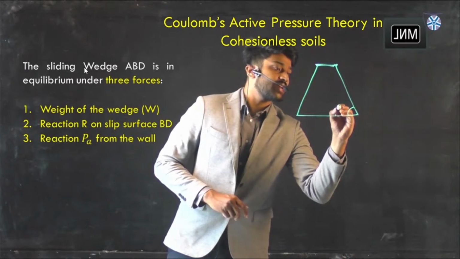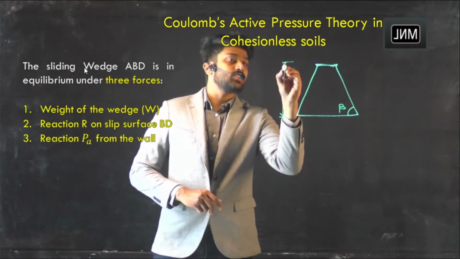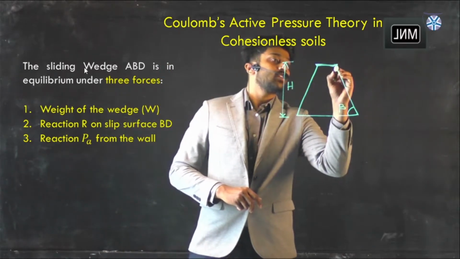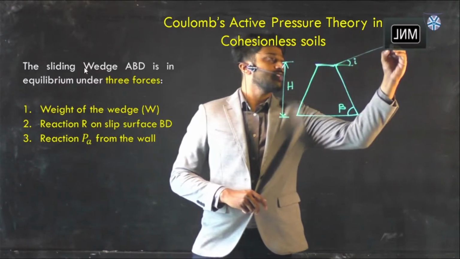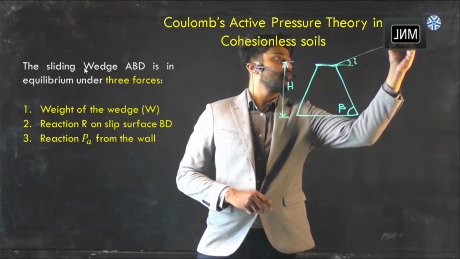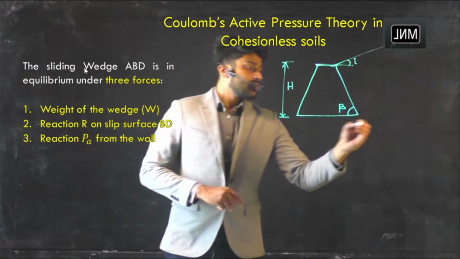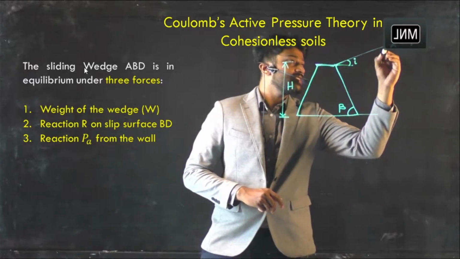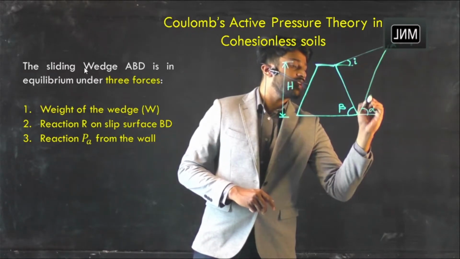Let this angle be beta, and let the height of the embankment be capital H. Let us assume the ground surface is inclined to the horizontal at an angle I. Let us assume there is a failure plane in this manner, inclined at an angle alpha to the horizontal.